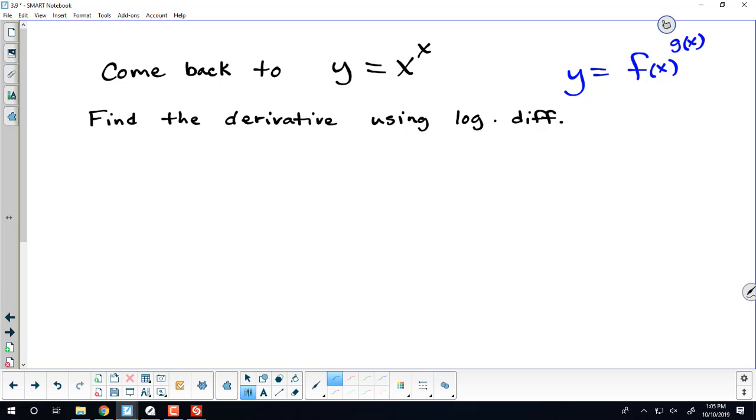So take 5 minutes, compute that derivative, and then we'll talk about it. We do have a means to compare, right? We've taken the derivative of that function using the other method. So once you're done with logarithmic differentiation, compare your derivative to the derivative we had on page 7.